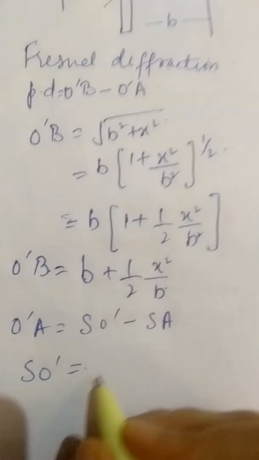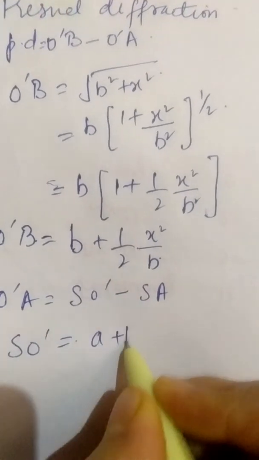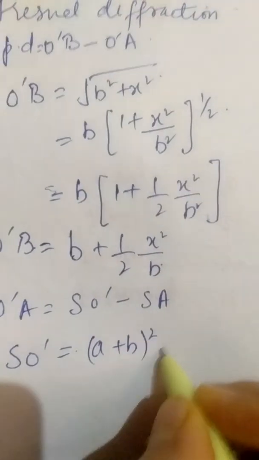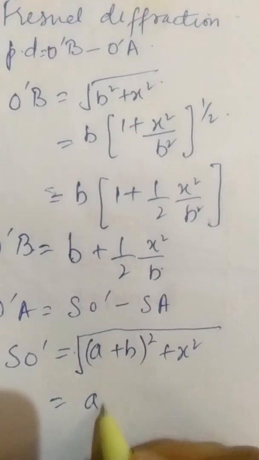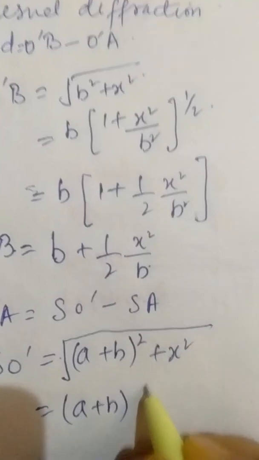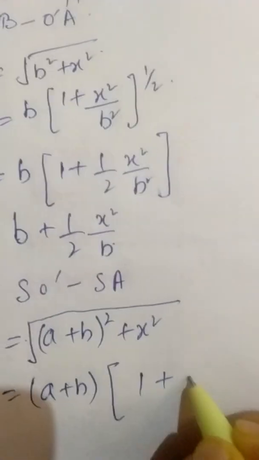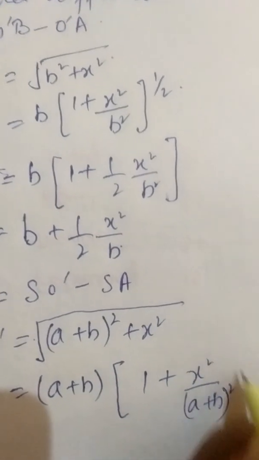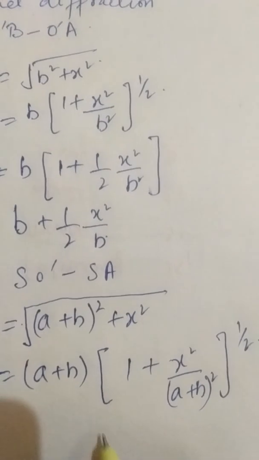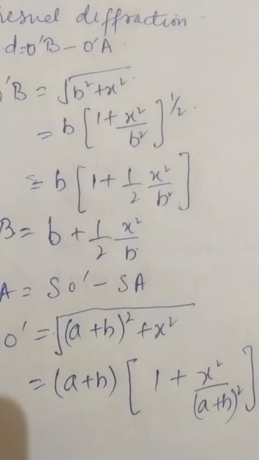So it will be under root a plus b whole square plus x square. A plus b will be taken common. You are left with 1 plus x square by a plus b whole square, raised to the power 1 by 2. Then we will expand it binomially, right?